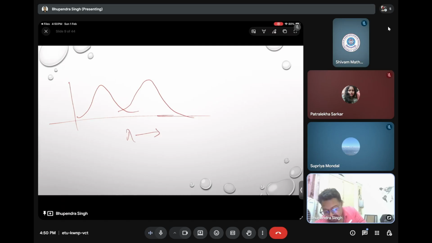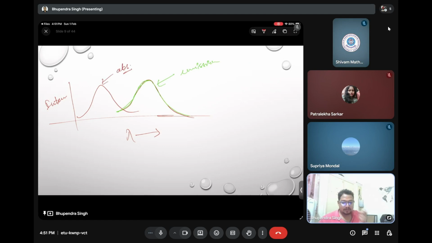This is, let's say, wavelength, this is intensity. So let's consider this as green. This is green. Green is emission, and this is absorption.